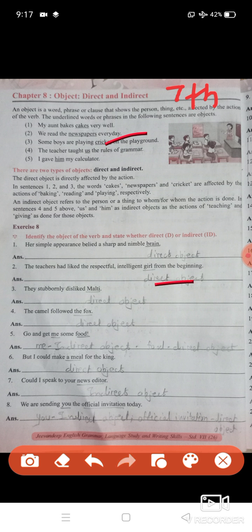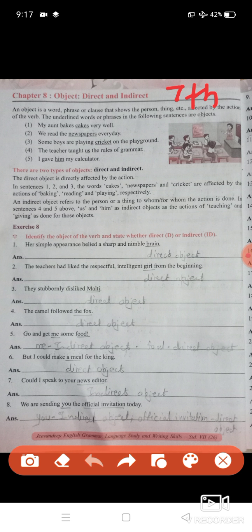Girl is the direct object. They stubbornly disliked Malti. Malti is the direct object, because, as I told you, students, these objects are directly affected by the action.